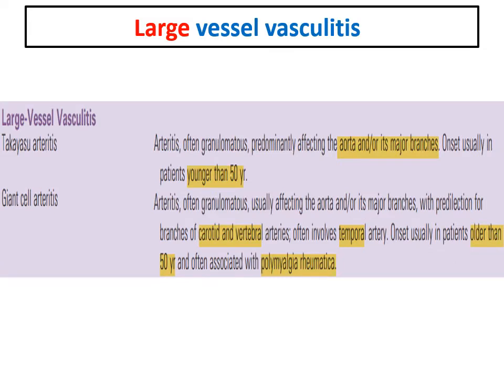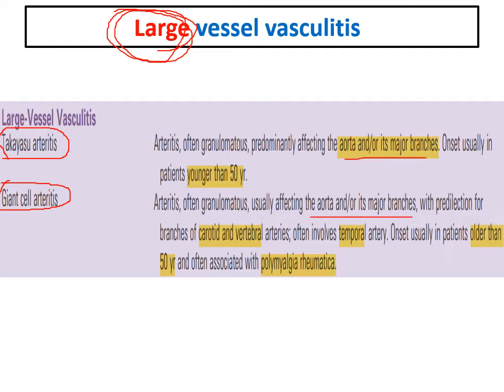Now let's give a talk or a hint about the large vessel vasculitis. As we said in the beginning, the examples for large vessel vasculitis include Takayasu arteritis and giant cell arteritis, both of them affecting large vessels, mainly the aorta and its major branches.